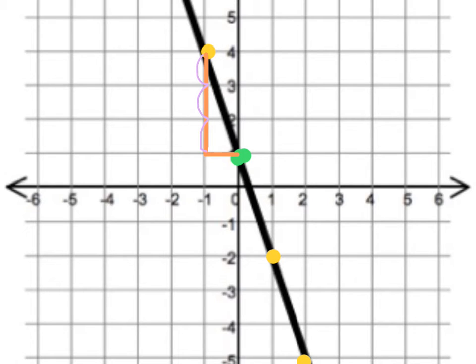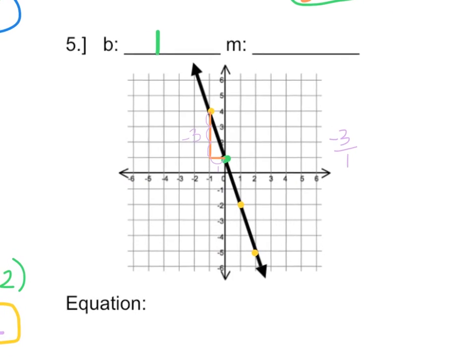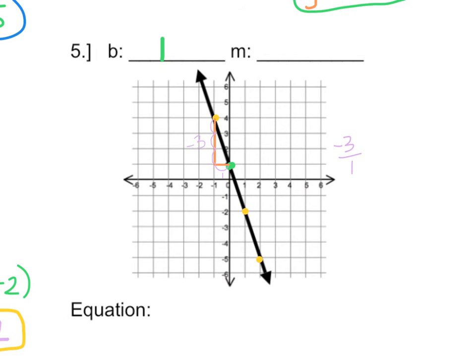It goes down 3 and it runs 1. So our slope on this one is -3 over 1. Okay, so back up here, we're going to say our slope is -3 over 1, or you could just say -3.